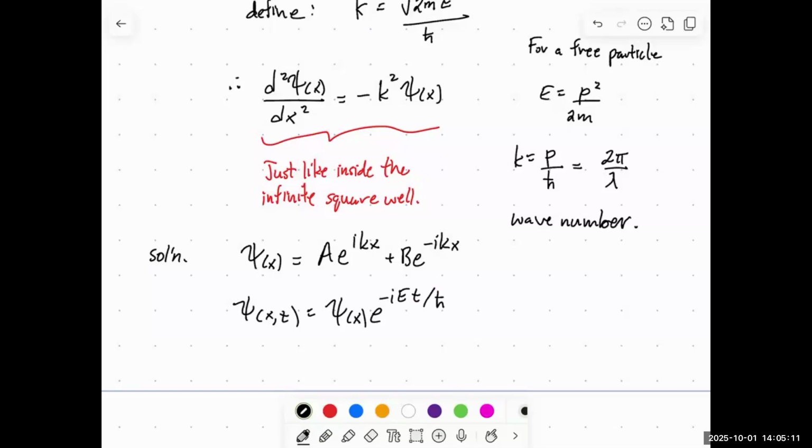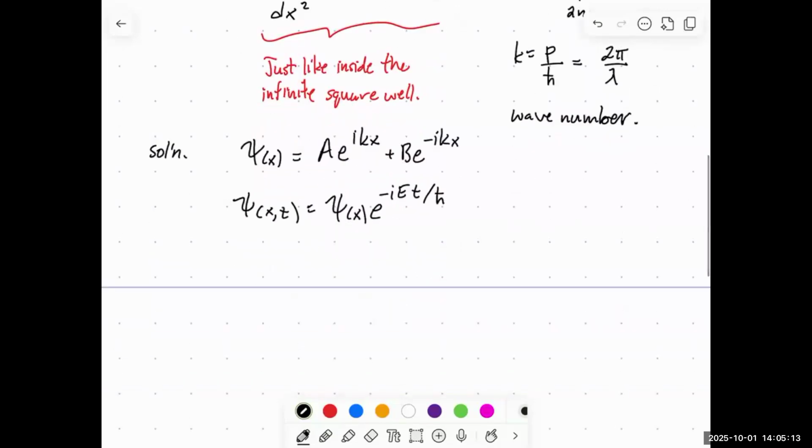If I put that in, that gives us psi of x, t is going to be A e to the i. For the position dependence, it's just going to be kx, either plus or minus. And then we have to put in our minus iEt over h bar.